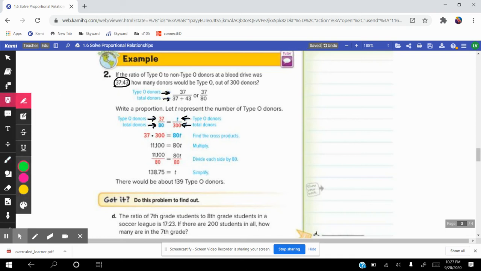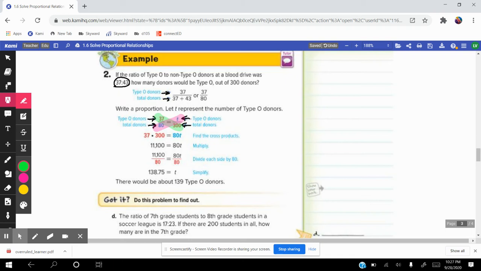So now we're going to do the cross multiplying. 37 times 300, 80 times T. 37 times 300 becomes 11,100. 80 times T simplifies down to 80T.